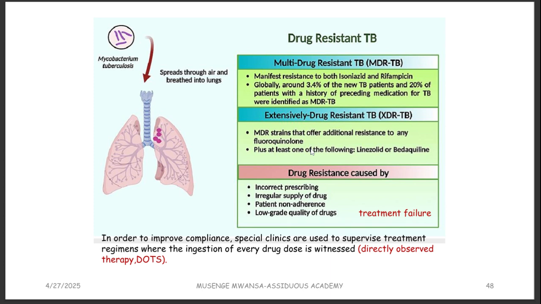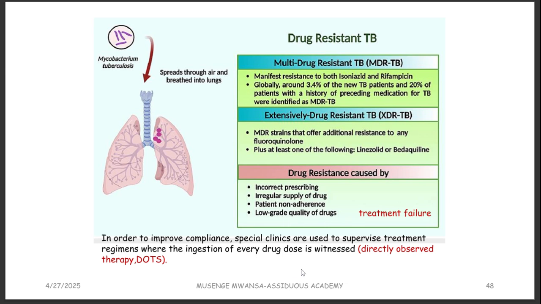These ones are resistant to MDR-TB plus resistance to fluoroquinolones plus at least linezolid or bedaquiline. So resistant to rifampicin, isoniazid, fluoroquinolones, and also linezolid. What causes resistance includes incorrect prescription, irregular supply of the drug, non-adherence, or low grade quality of the drug.